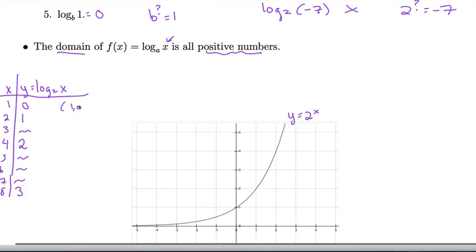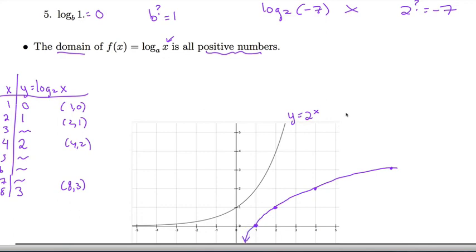So I get the points (1, 0), (2, 1), (4, 2), (8, 3). Those are points on the graph. So let's plot those. And (8, 3) will be off the charts. It'll be somewhere like that. So I can connect up these dots. And it would go on down like this.